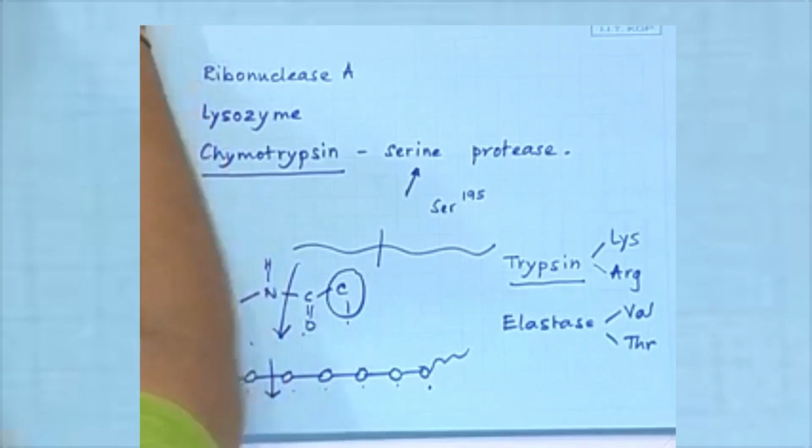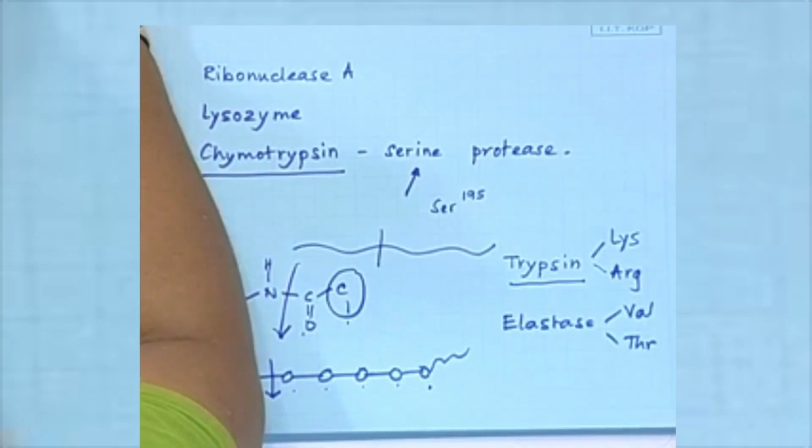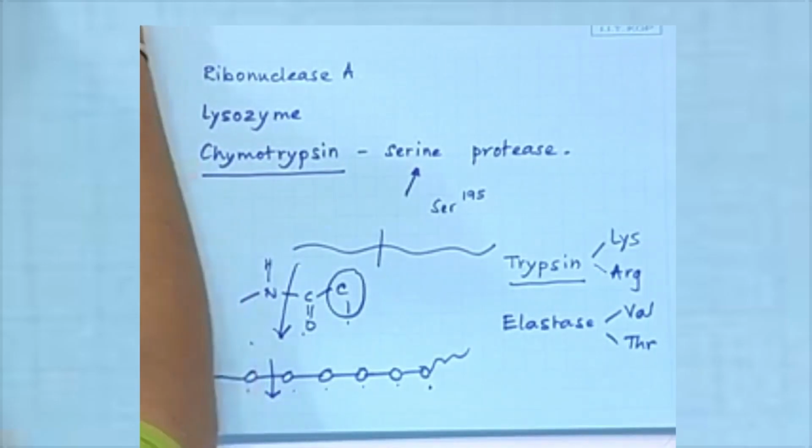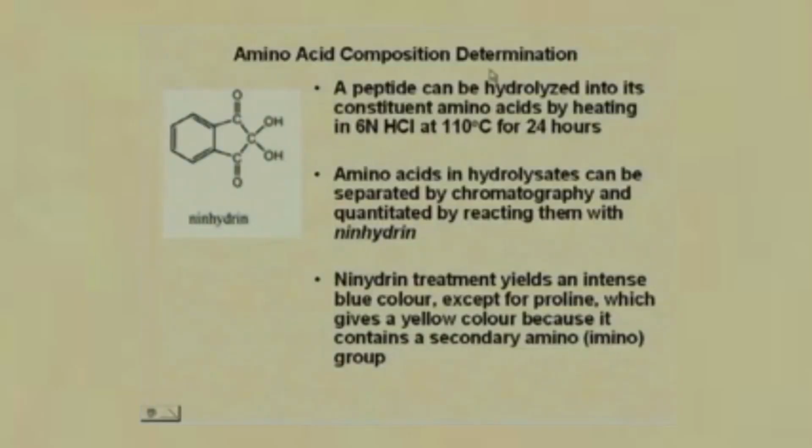So what do we have here? If we want to look at the amino acid composition, we can have a peptide. A peptide can be hydrolyzed into amino acids by heating in 6 normal HCl at 110 degrees centigrade for 24 hours. You are going to chop down everything and break it up into fragments completely.